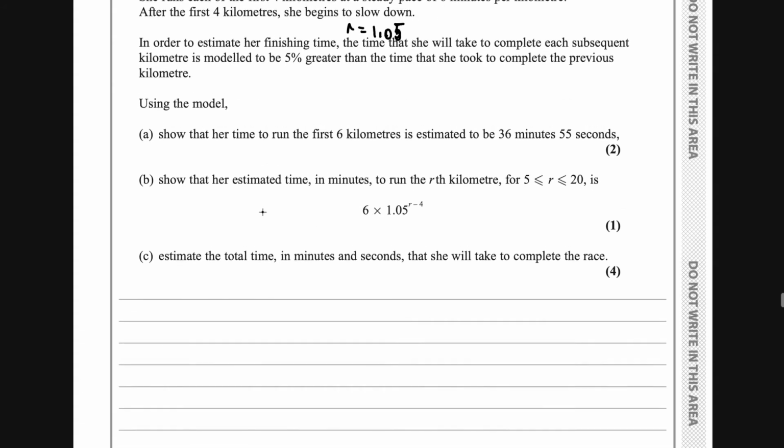And what part A is asking us to do is, using this model that's being described here, show that the time to run the first 6 kilometres is estimated to be 36 minutes and 55 seconds. So what we need to do is add the first 4 kilometres, which are being done at a steady pace of 6 minutes, to the fifth kilometre, which is going to be 6 times 1.05, 5% greater than the 6 minutes taken to complete the 4th kilometre.